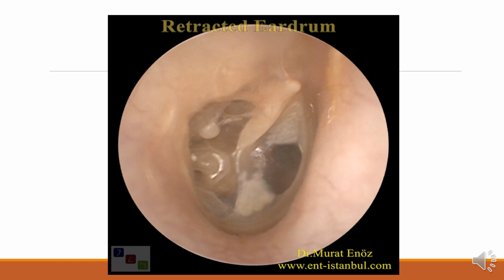Here the tympanic membrane is retracted onto the structures of the middle ear because of negative pressure within the middle ear, it may be because of eustachian tube dysfunction. This white patch below the handle of malleus is called tympanosclerosis, sclerotic patch. Here you can see thin tympanic membranes, retracted eardrum.